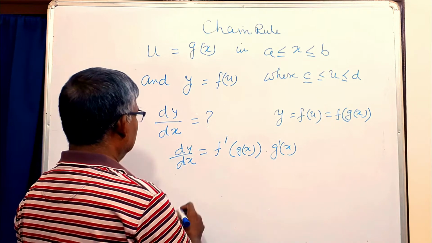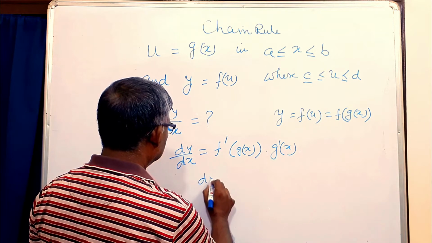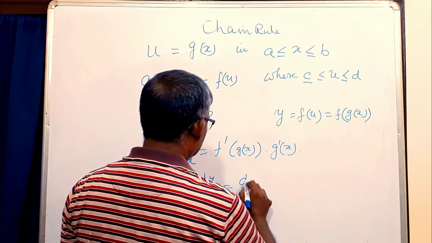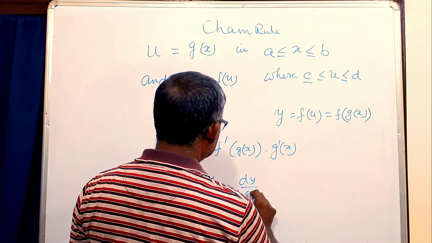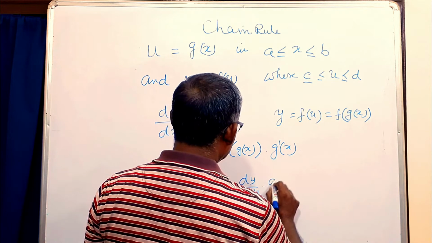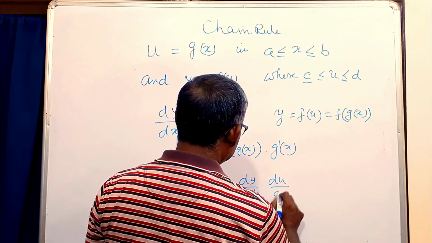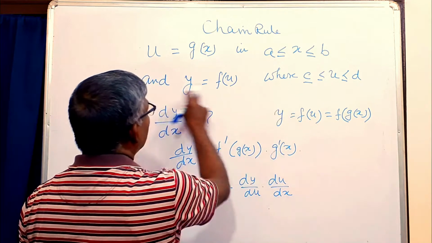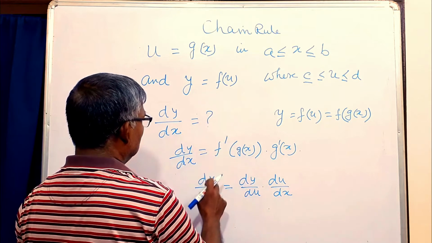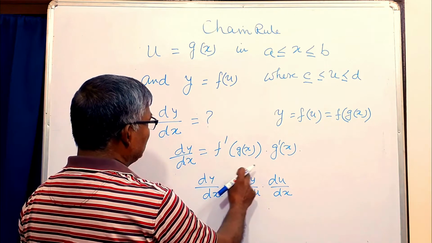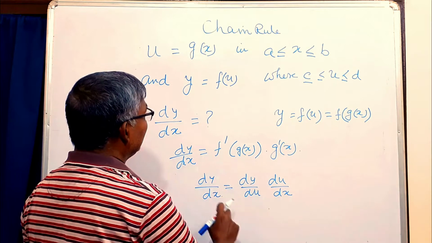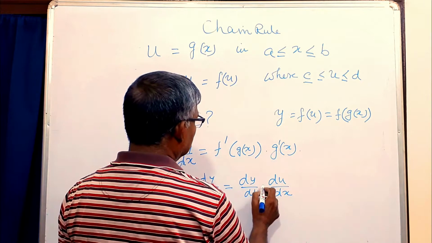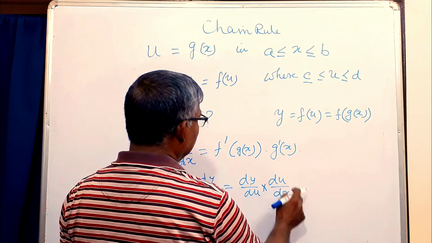Otherwise we can write dy/dx equals dy/du and du/dx. Since y is a function of u, we have to find out dy/du, and u is a function of x, so it will be du/dx.